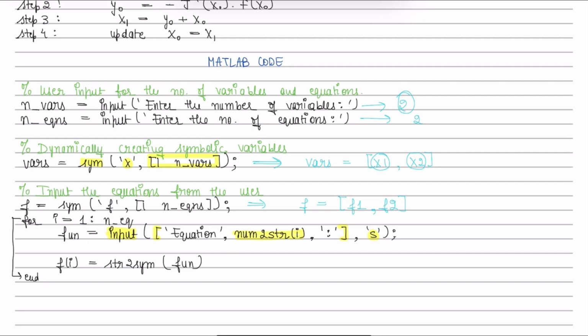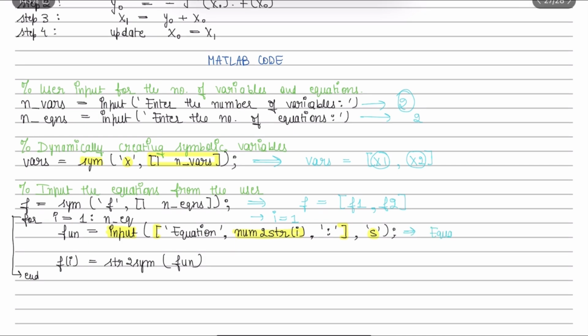For example, in the loop, when the value of i will be 1, then this will give the output 'Equation', which will be a printing statement only, and num2str will give the value of i here, which will be 1, and then a colon as a printing statement.